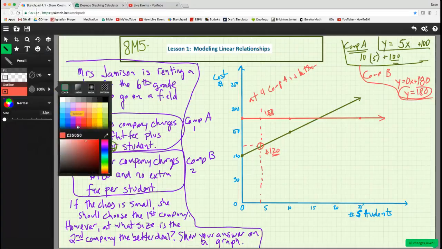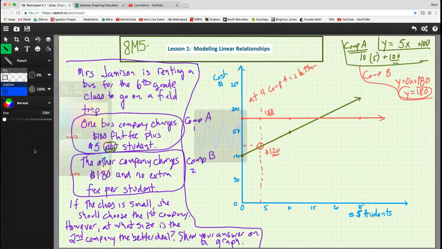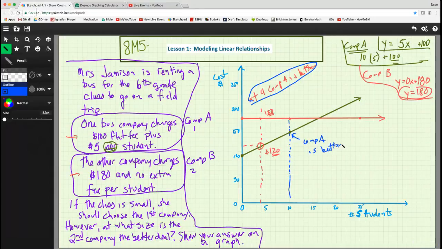I should probably switch this over to a different color. Let's go back to blue. At 4, company A is better. How about at 10? We could look at the verbal model, but we can also look at the graph, and we can know that company A is better at 10 because it is lower.